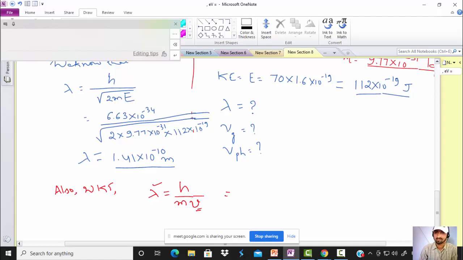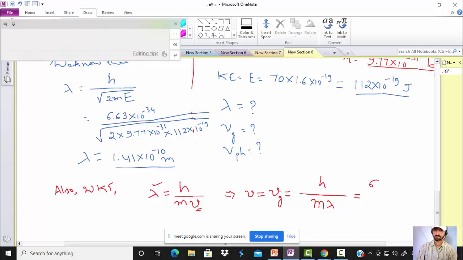This implies the velocity v, that is equal to vg, that is equal to h divided by m into lambda. The group velocity and particle velocity are both the same, no? Therefore, V is directly written here as Vg, equal to h upon m into lambda. Now substitute.